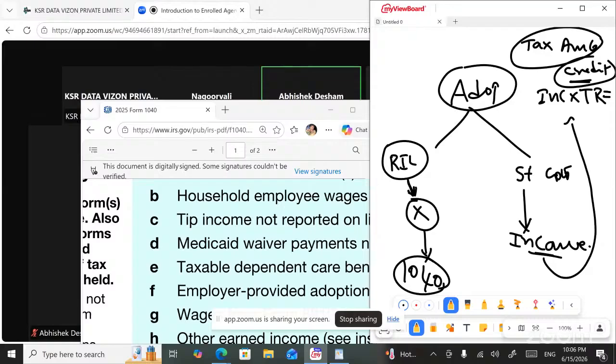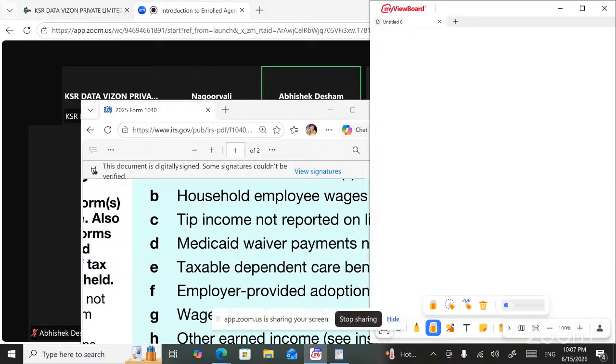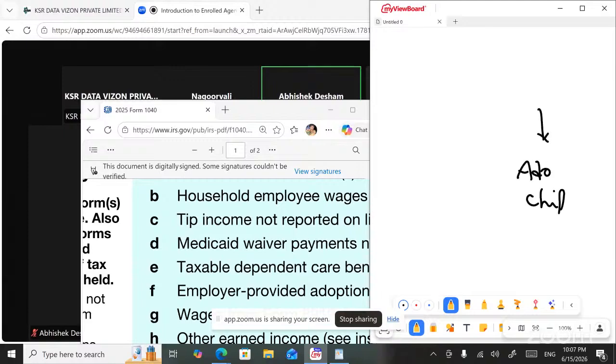This is not the right time to explain that in detail. I will cover it in a separate chapter. At that time, we are going to cover the adoption child tax credit.